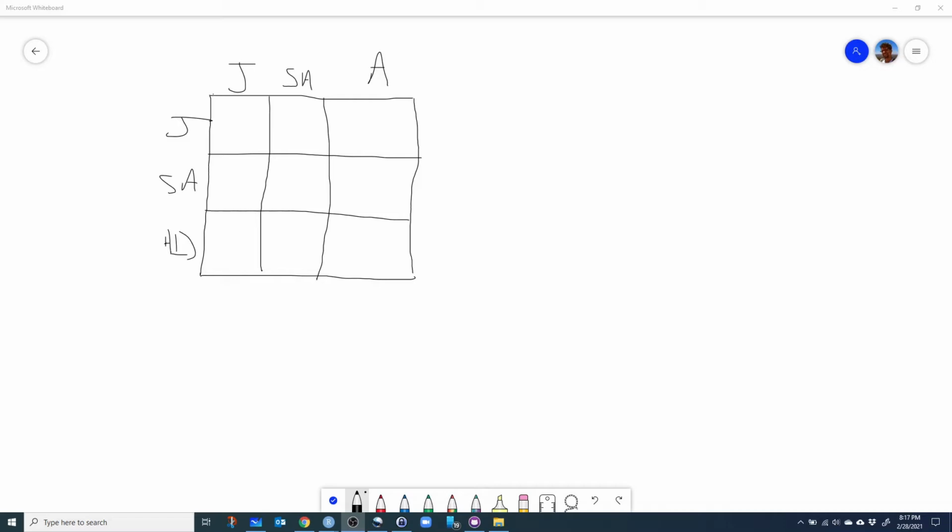Now, in a transition matrix, we can interpret each element, that's each box of this transition matrix, each of which is going to have a number in it. Each of those numbers represents the transition from whatever the column name is to whatever the row name is.